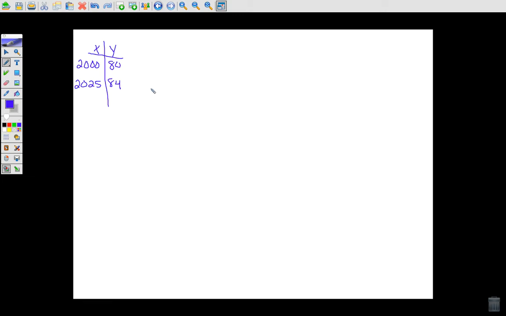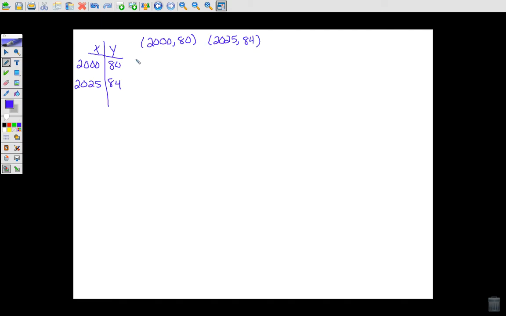Okay. So there are a couple ways we can do this. We can do our change in y over change in x. We can write this as two ordered pairs. This is the same thing as (2000, 80) and (2025, 84).